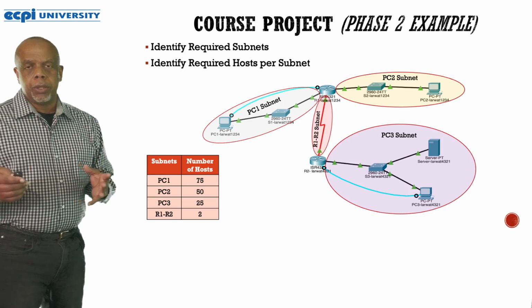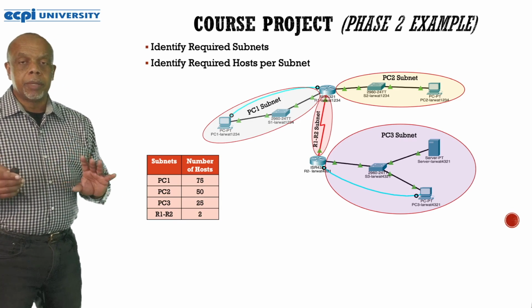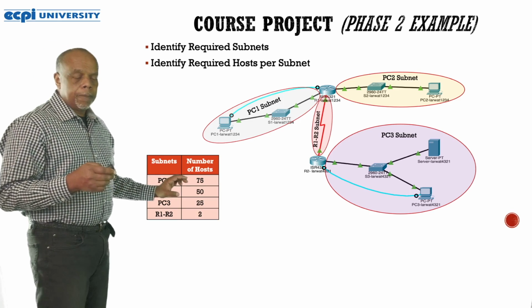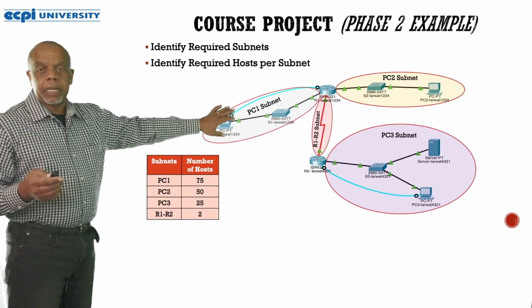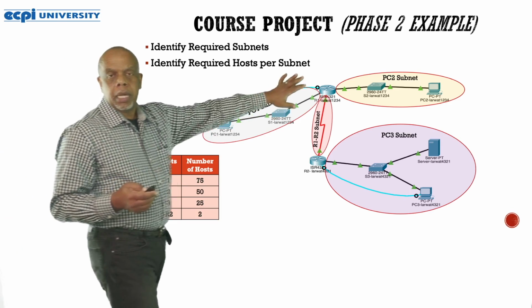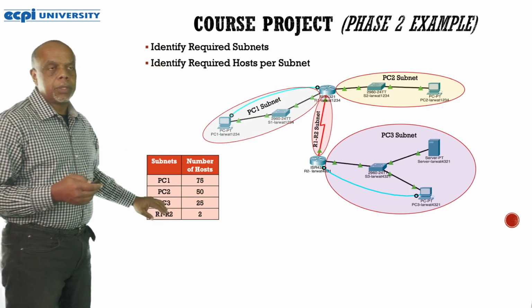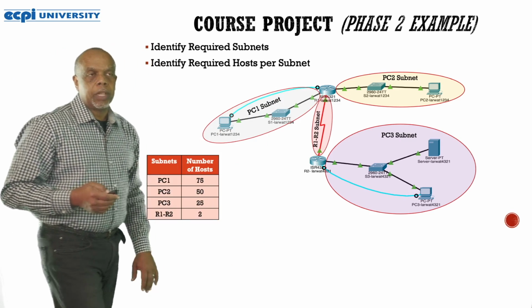The next thing you want to do is identify how many hosts you're going to need per subnet. Now, in our class project, in the PC1 subnet, we're going to need 75 hosts. In the PC2 subnet, we're going to need 50 hosts. In the PC3 subnet over here, we are going to need 25 hosts.